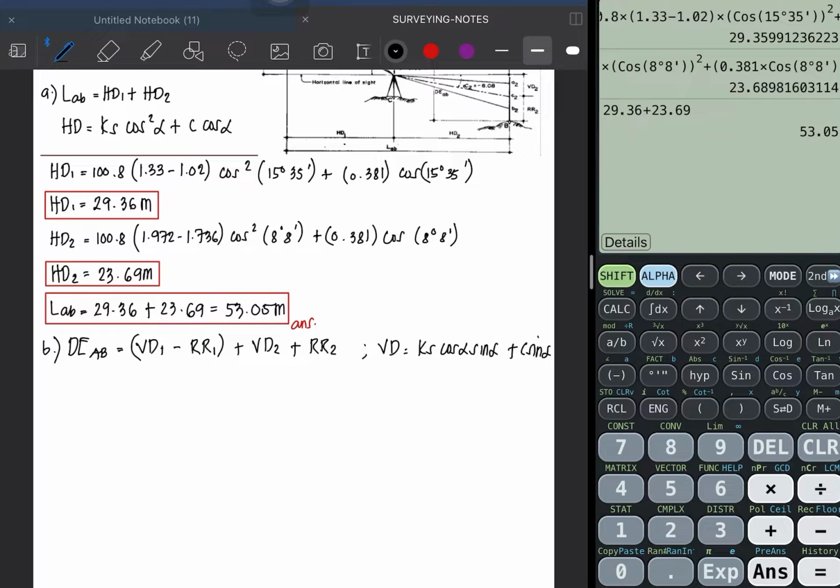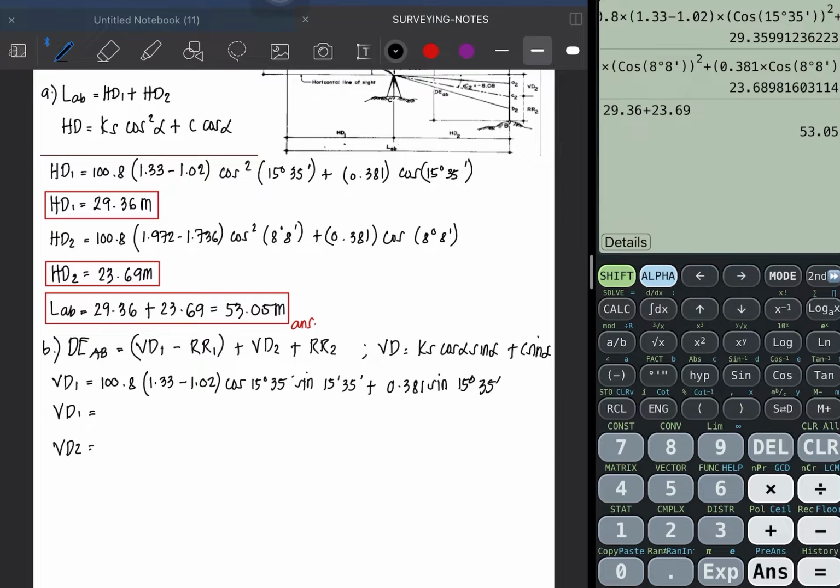Okay, so VD1 is equivalent to K, that is 100.8, and then S is 1.33 minus 1.02, then cosine of 15 degrees 35 minutes, sine of 15 degrees 35 minutes plus 0.381 sine of 15 degrees 35 minutes.